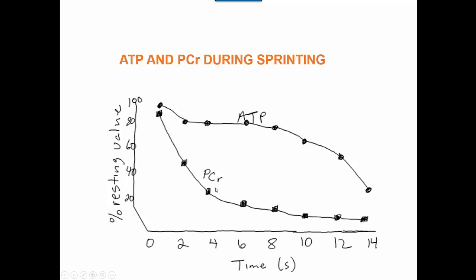But look what happens. The ATP levels are maintained at 2 seconds, 4 seconds, 6 seconds, 8 seconds, and it's not until you totally deplete your stores of phosphocreatine that the ATP levels really drop. This is one of the reasons why people will supplement with creatine. We'll talk about it in a later module, but creatine is one of the supplements that have actually been shown to work.